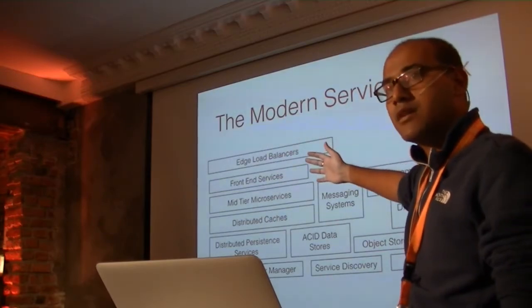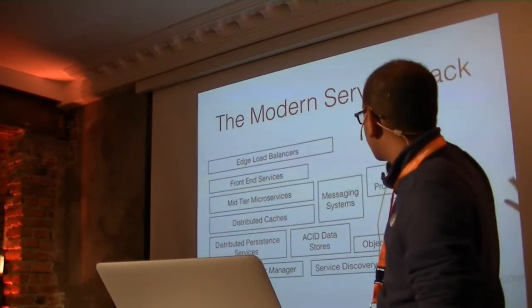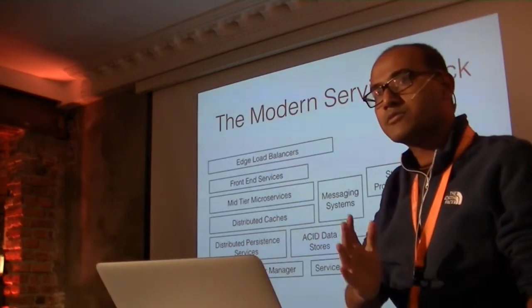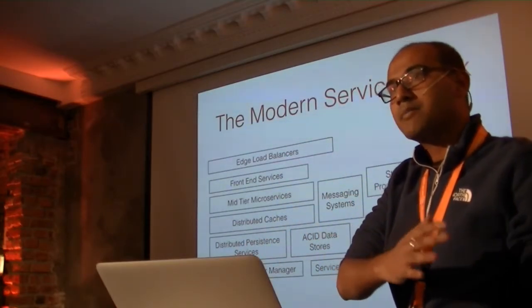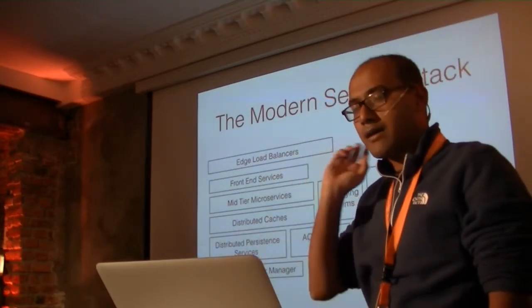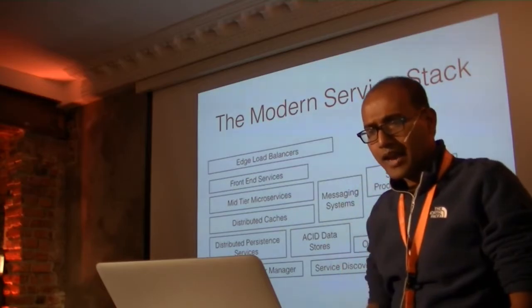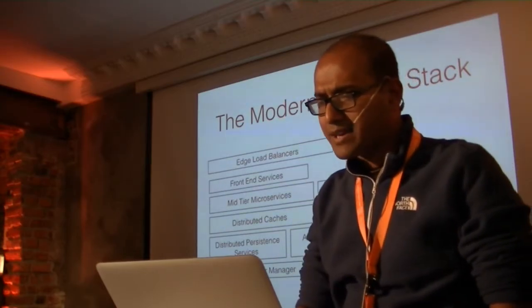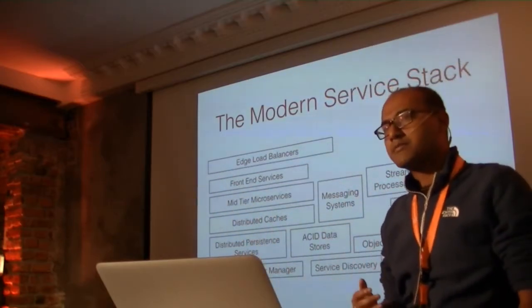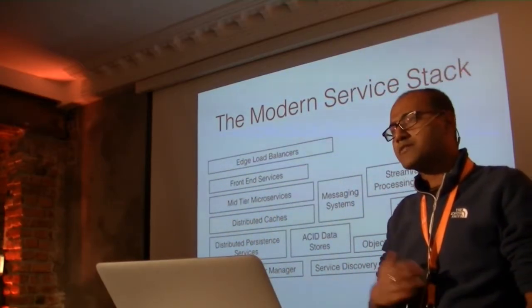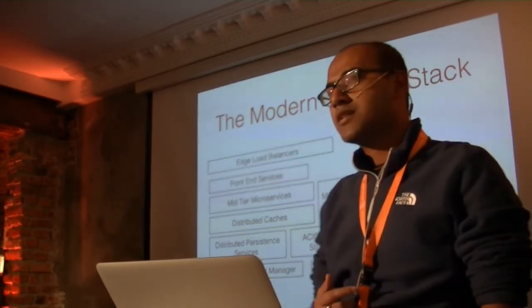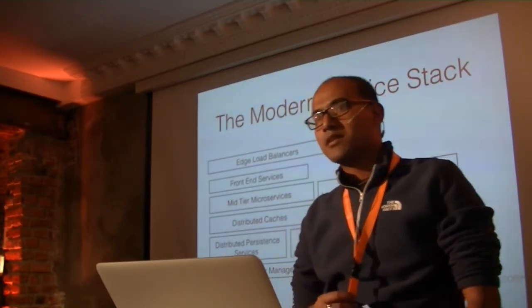So the modern service stack is very efficient. It does a lot of things that we were not able to do maybe 5 or 10 years back. But at the same time, it's also very unreliable. People often claim that microservices are the silver bullet to everything. But my observation is that microservices are more unreliable than monoliths, frankly speaking.